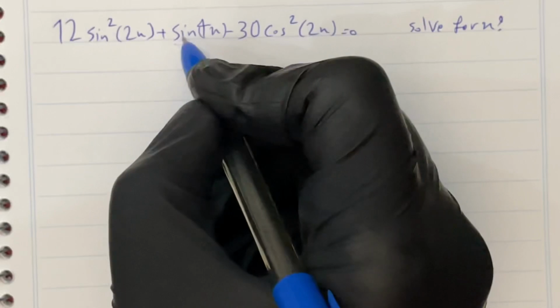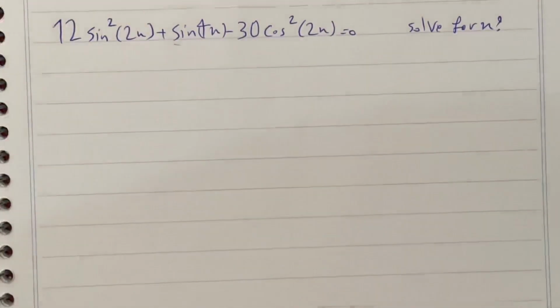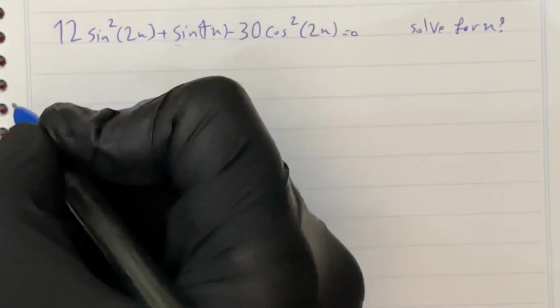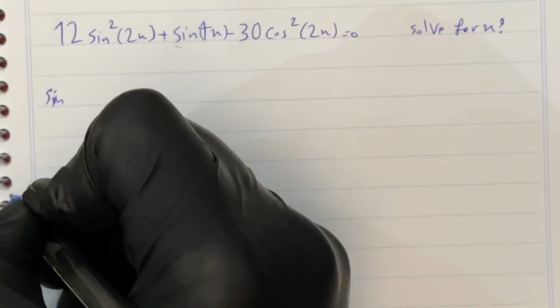But this sin of 4x is a bit bothering, but we know this identity. You can just search for the proof.